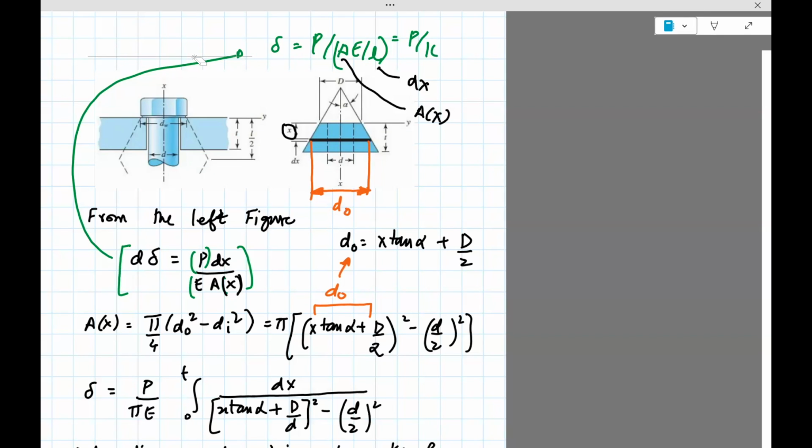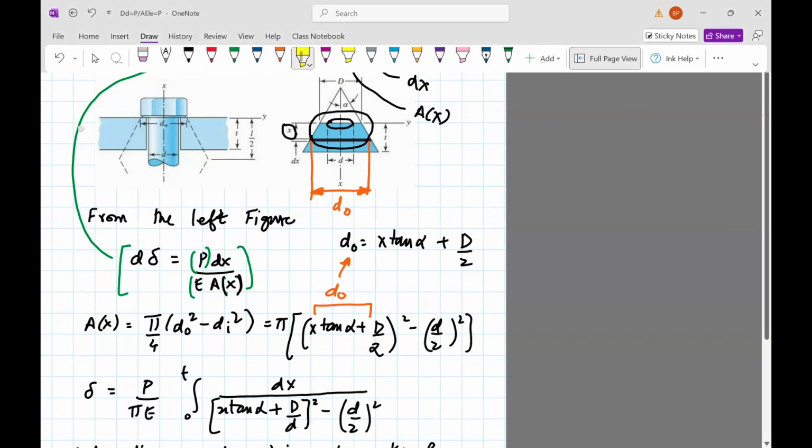Now, we have to find the area. This is going to be the area, this is going to be the inner diameter, and then there is an outer diameter, which is a ring like this. So the inner diameter is, just draw this.